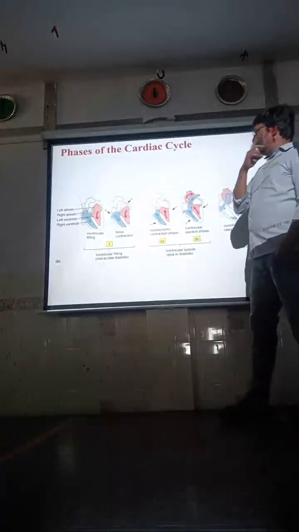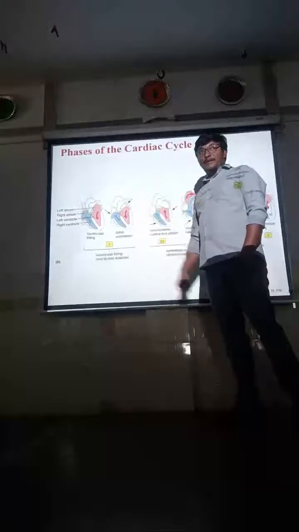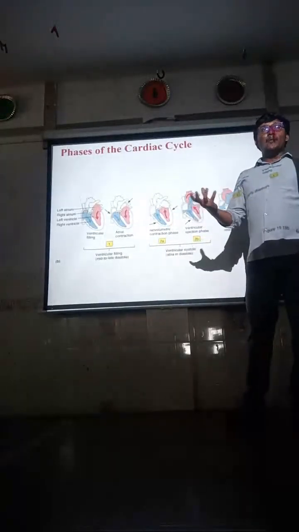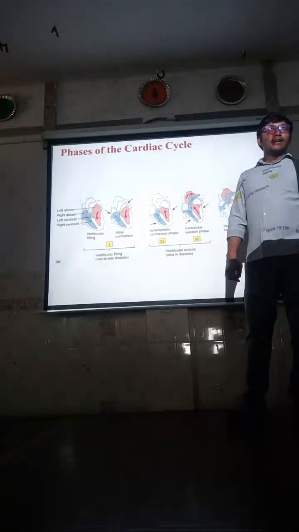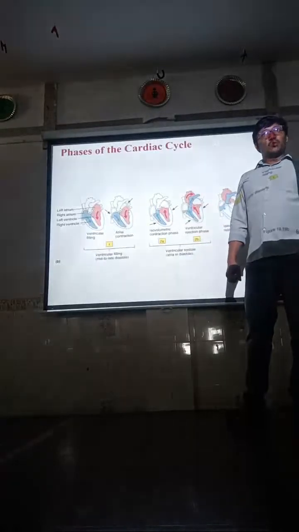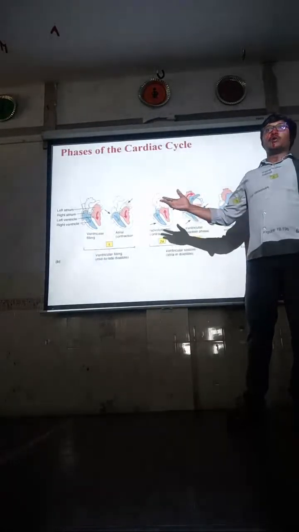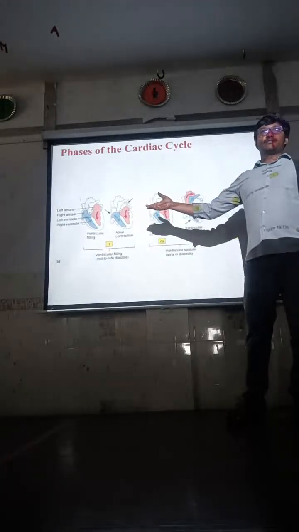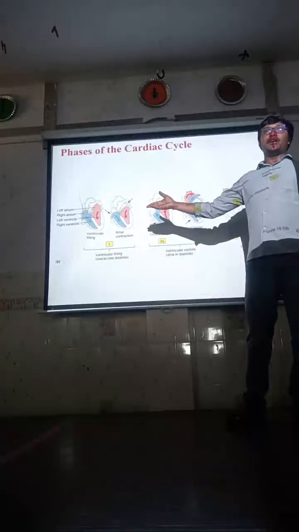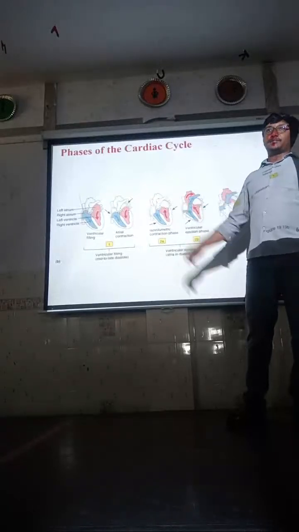So if the ventricle has to fill, who must have blood? The atrium has to have it, because from the atrium only the blood will enter into the ventricle. Yes or no? Through the atrioventricular septum, one side having the tricuspid valve and another side the bicuspid.